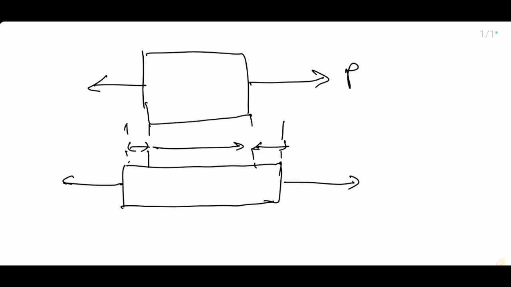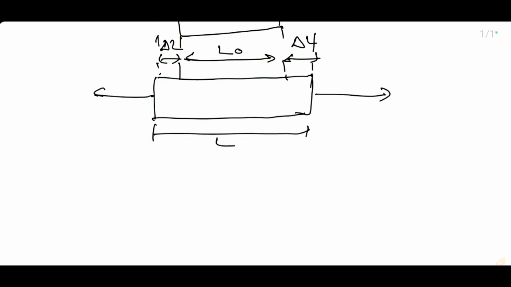This is the change in length delta L, and this is the original length L. So from this case we can see that the strain is equal to change in length over original length.